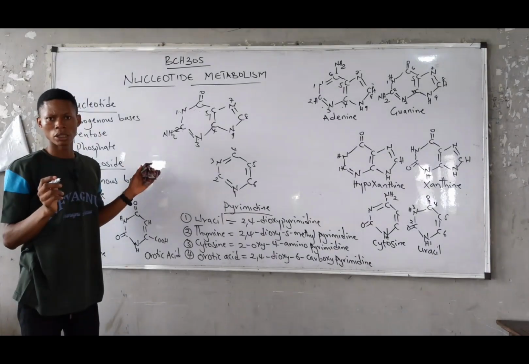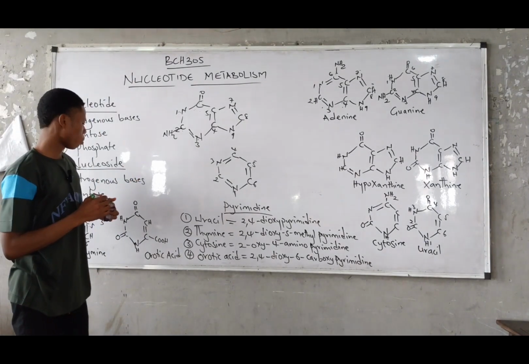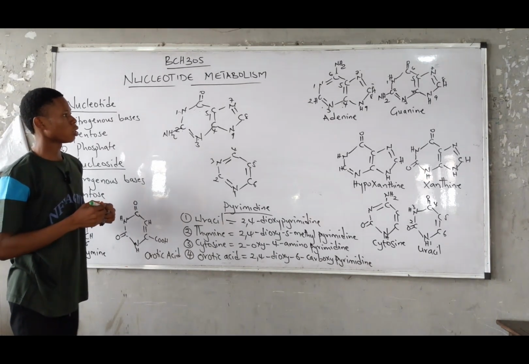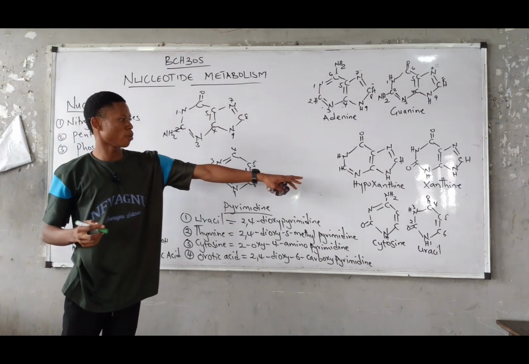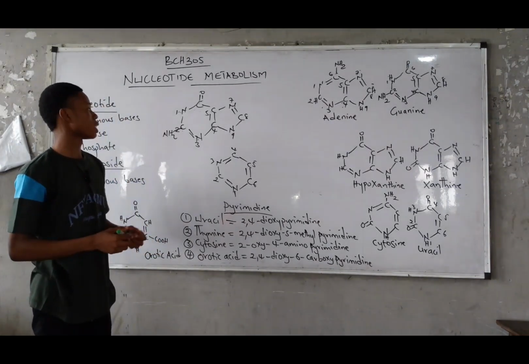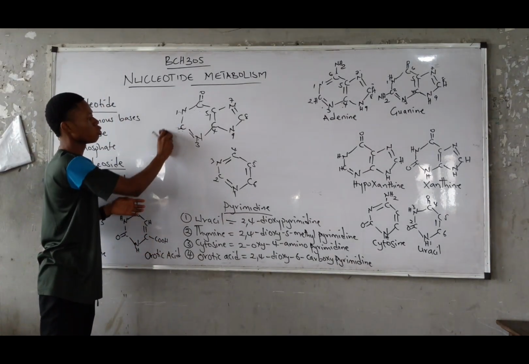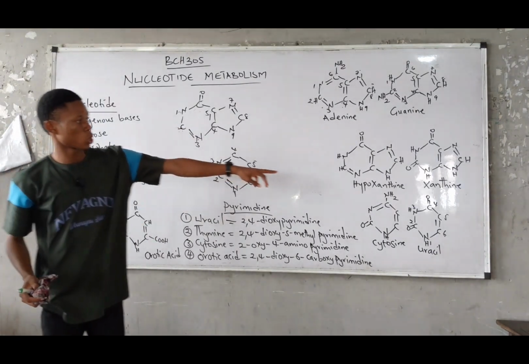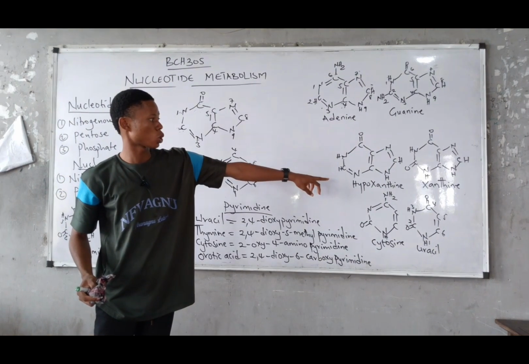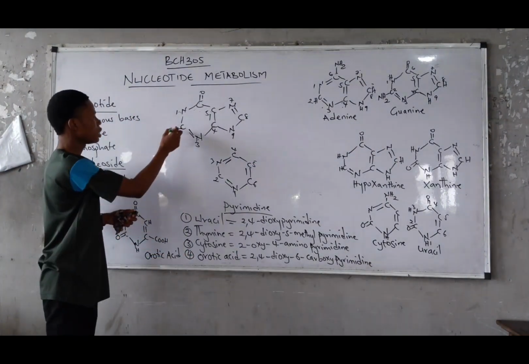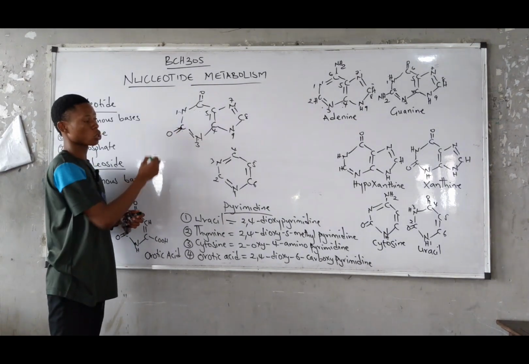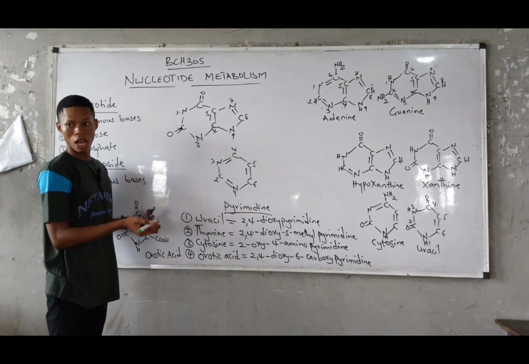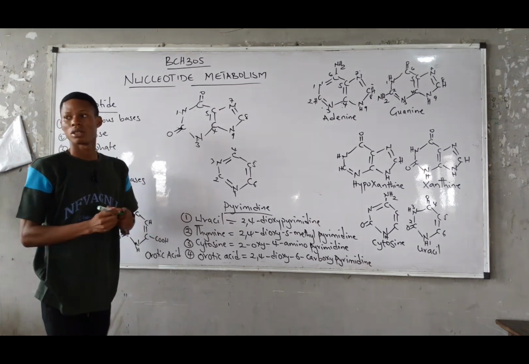This is my guanine. Xanthine and hypoxanthine: you just remove the amino group here from guanine, and you have hypoxanthine. Then for xanthine, instead of the amino group here, I put a double bond oxygen here. I have my xanthine. Do you get?